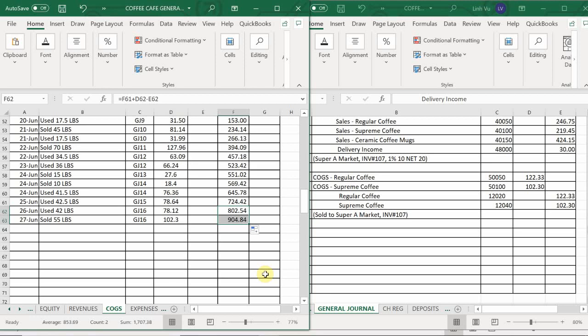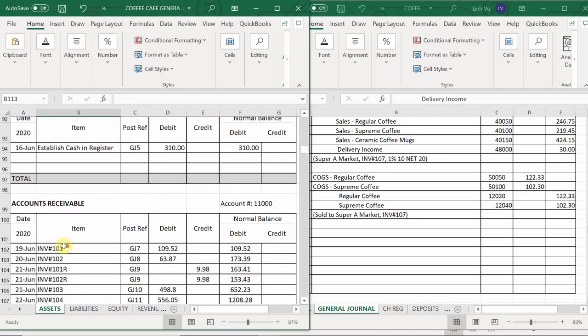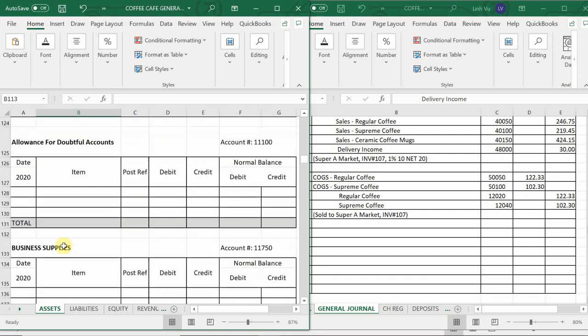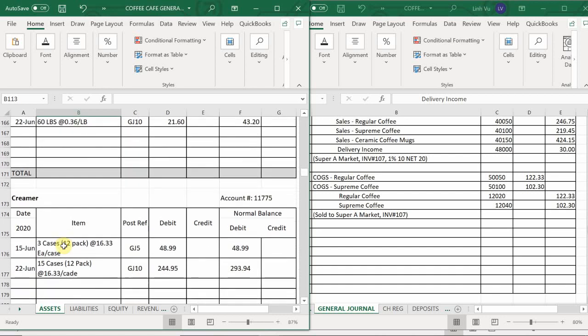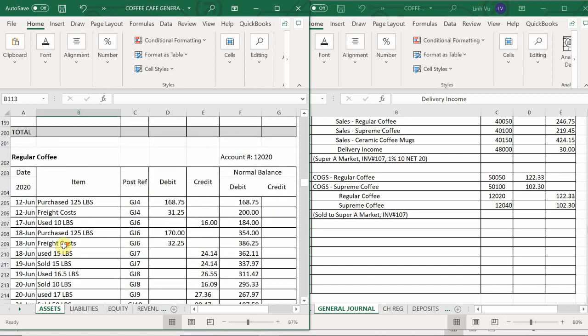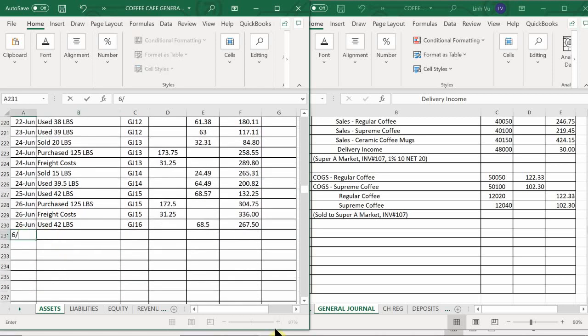The next account is going to be regular coffee. So we're going to go update our inventory. There you go, regular coffee. Our date is 6/27.